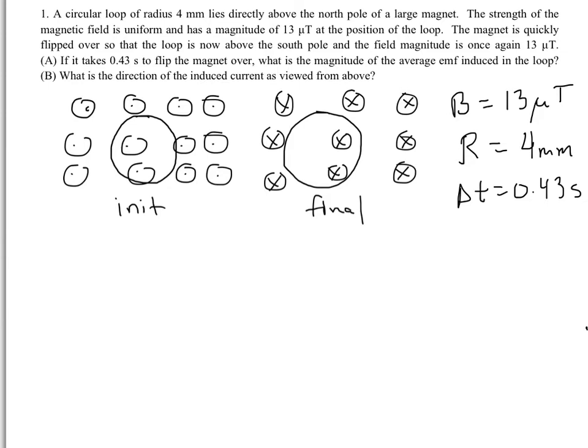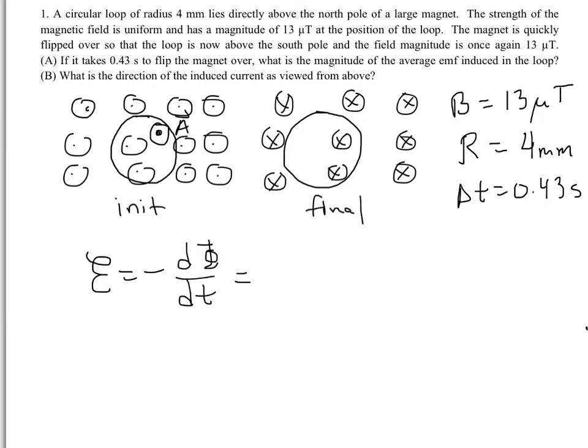Now I need to define an area vector for the loop. Let's put it right here, and I'm going to point it in the direction of the magnetic field, so it's pointing out of the page here. Now we're going to apply the law. The law says that the EMF will be minus d phi dt.